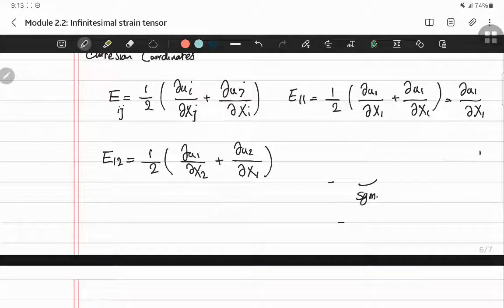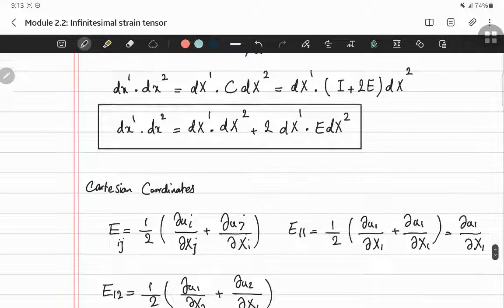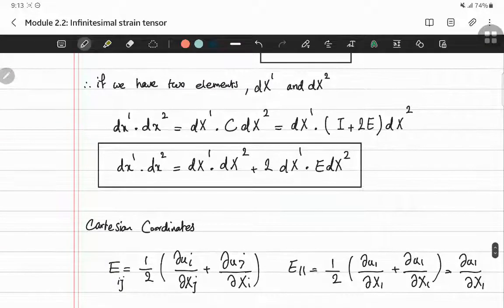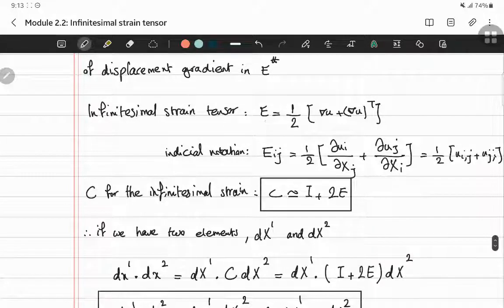All right. You can simply write this in the cylindrical as well as spherical coordinate system, because for the E, the small infinitesimal strain tensor, you can calculate del u, the gradient of the displacement, the displacement gradient tensor, in any kind of curvilinear coordinate system like spherical or cylindrical. So it will give you the infinitesimal strain tensor.